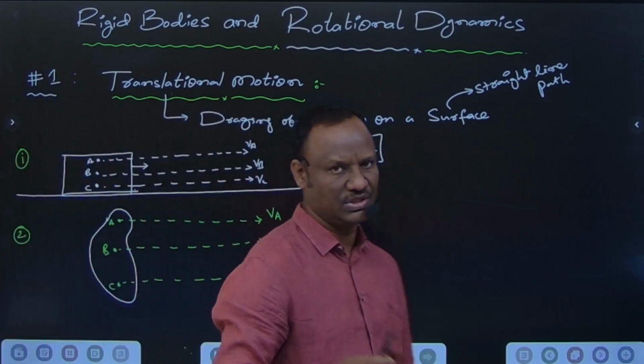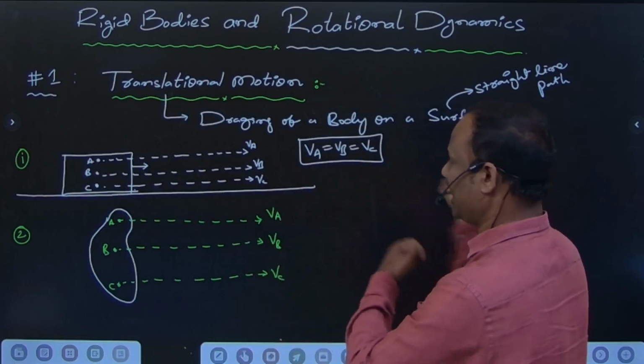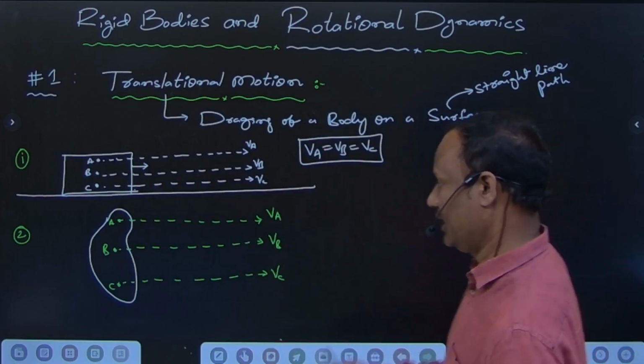Translational motion means dragging of a body from one point to another point.